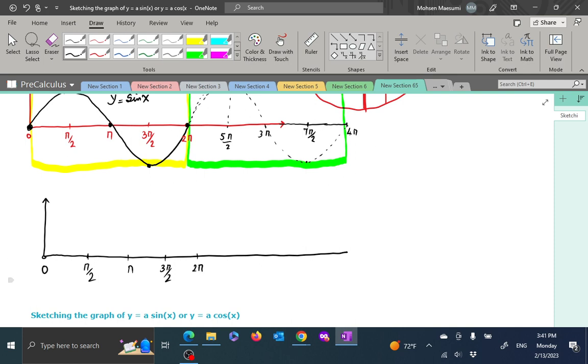And this is our 0. Cosine of 0, we remember, is 1. Cosine of pi over 2 is 0. Cosine of pi is minus 1. Cosine of 3 pi over 2 is 0. Cosine of 2 pi is 1 again. So our picture looks like this.